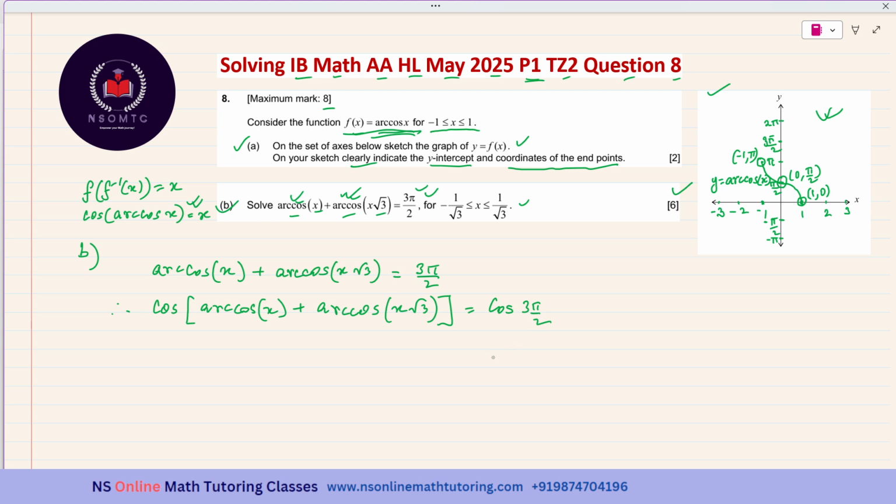And now what do we do? This can be thought of as cos of A plus B, where A is arccos of x and B is arccos of x root 3.